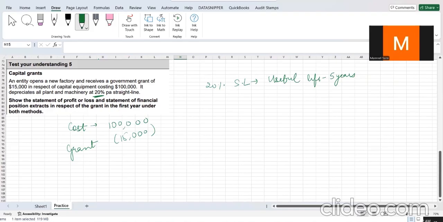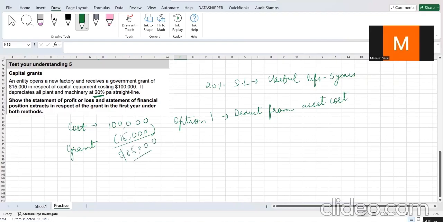I would prefer any one because both of them are simple to do. But if we go for option one, we are deducting from asset cost.